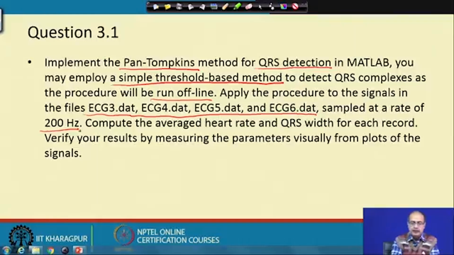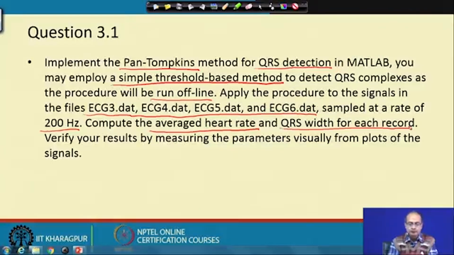Using that, the Pan-Tompkins will find the QRS complexes, and from there we have to find out the average heart rate for the different cases and the QRS width of each of these records. The average QRS width is also a good parameter to know how the QRS complexes are, whether they are normal or not.